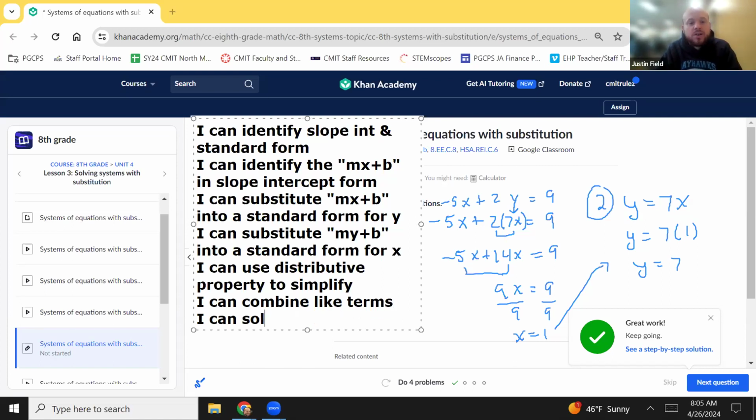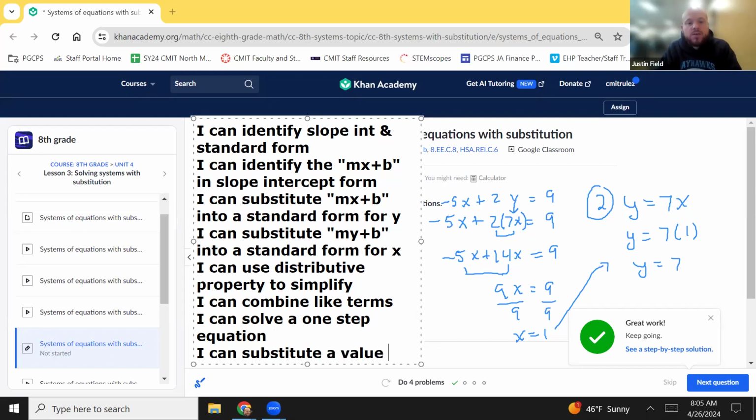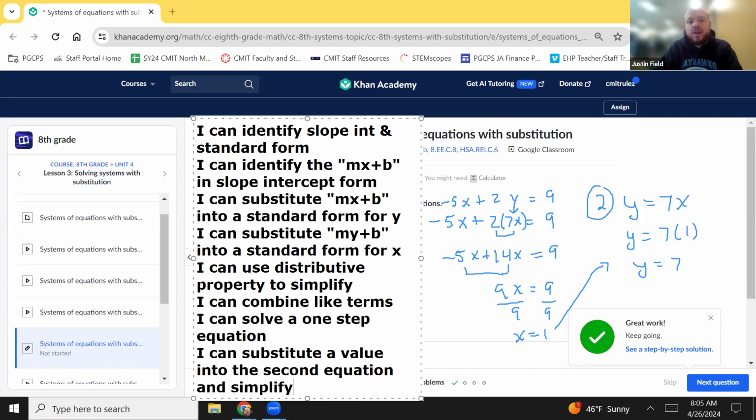I can solve a one-step equation. I can substitute a value into the second equation and simplify.